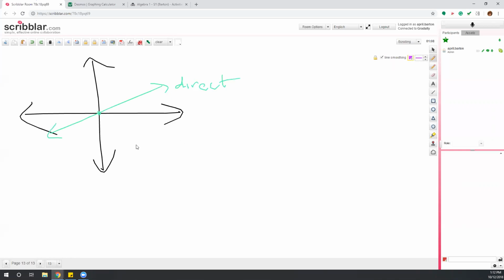If it got moved at all, this line, not direct variation. So what makes direct variation special is because it does go through that center. And it's always going to be an equation, y equals kx. That amount of money you made per hour, that is actually a direct variation equation, where that k, that constant of variation, that's what it will be called, is that $12 per hour.